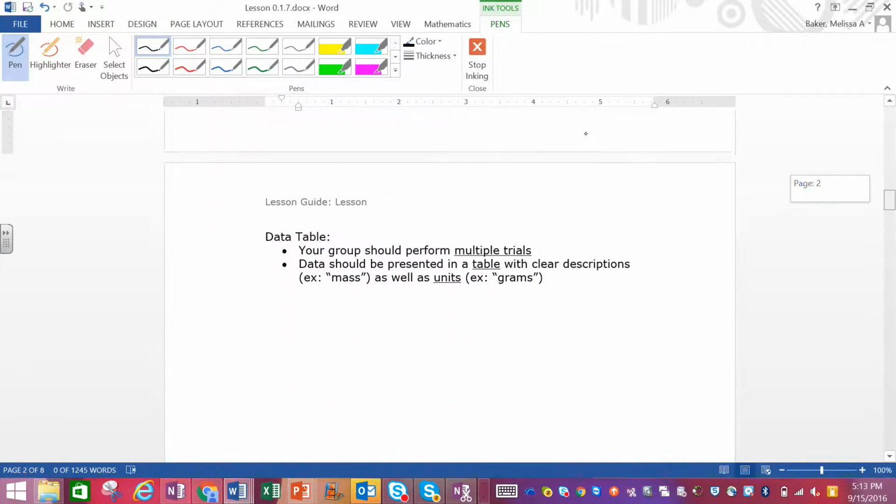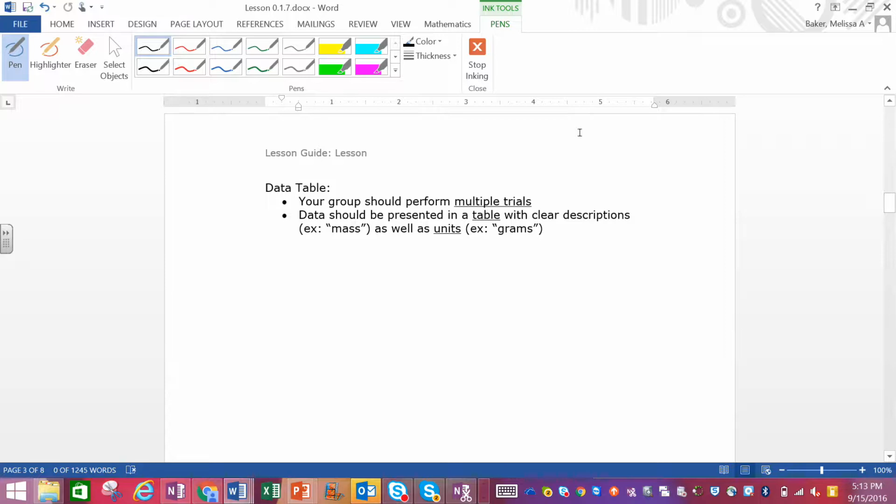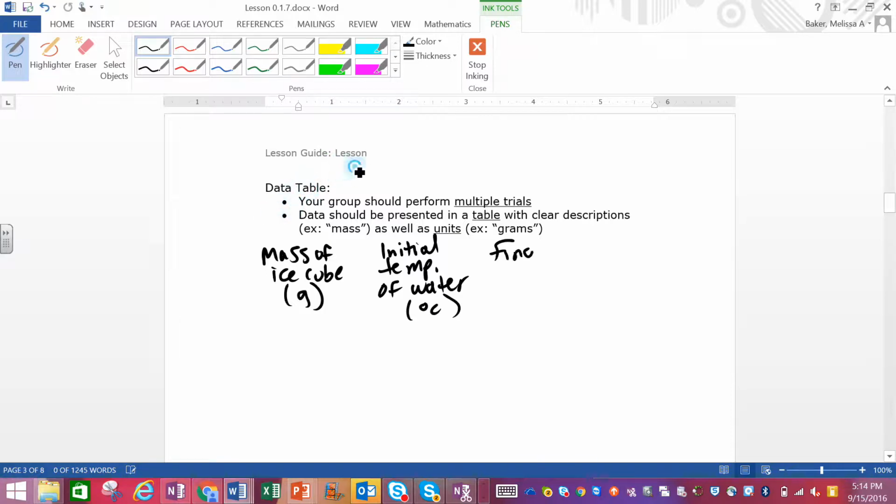And then different groups did different things for their data table because it was really up to them for setting this up. I did the mass of the ice cube in grams, the initial temperature of the water in degrees Celsius, the final temperature of the water in degrees Celsius, and the mass of the water at the start.